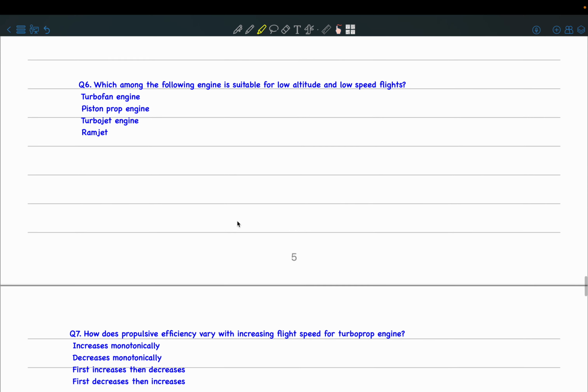Right, which among the following engine is suitable for low altitude and low flight speeds? Piston prop, right. Okay, a related question would be, why do turboprop engines fly at lower altitudes? Can you fly turboprop engines at higher altitudes?